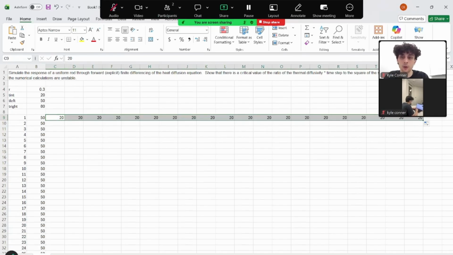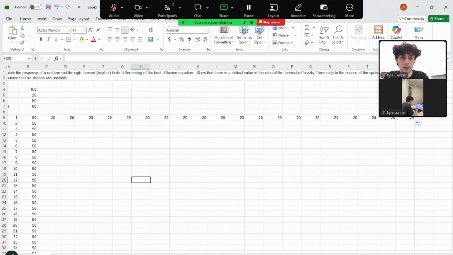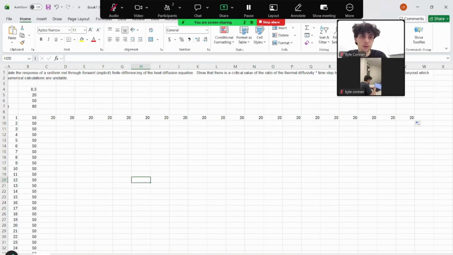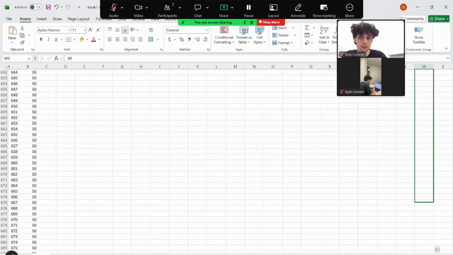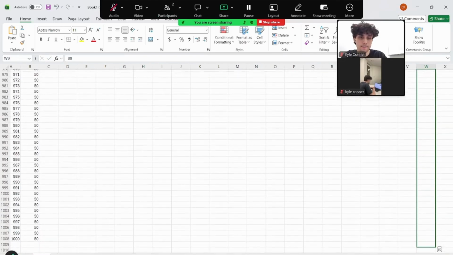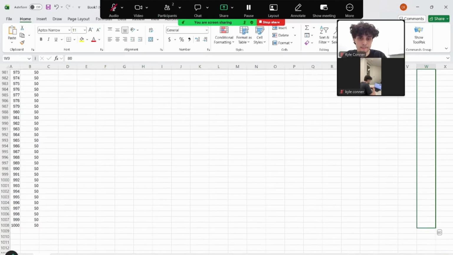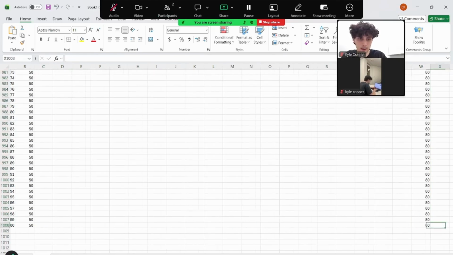I'm going to do 20 right here, and then move this. Our temperature to the right is 80 degrees. This will get dragged all the way down. I think that's in line, but let me make sure.